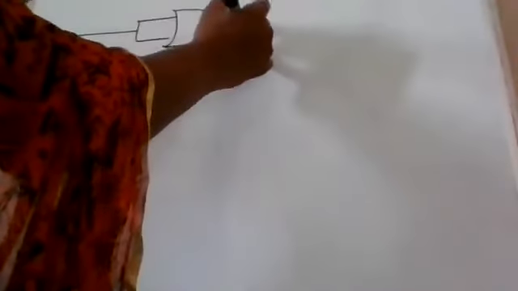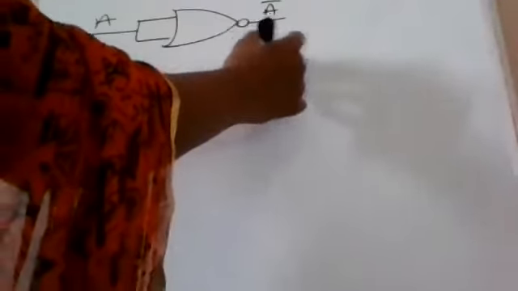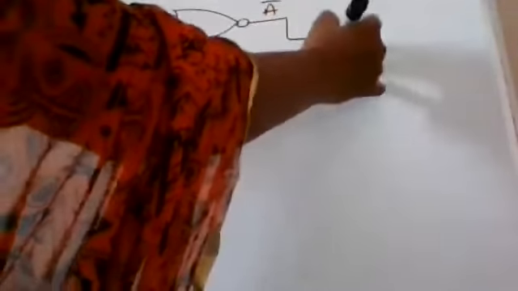Next, AND gate output from NOR gate. A, B inputs. Here A complement, here B complement. Both are connected to NOR gate.